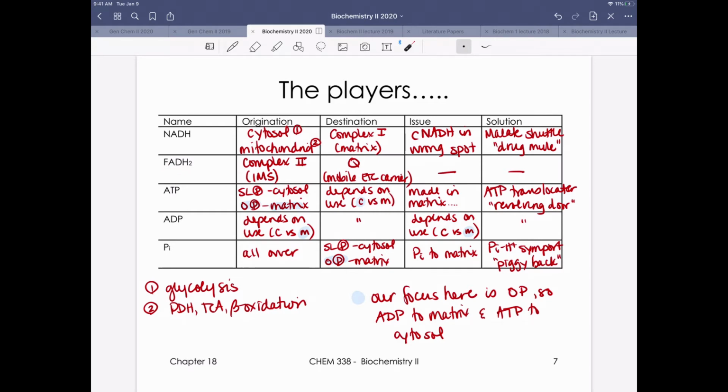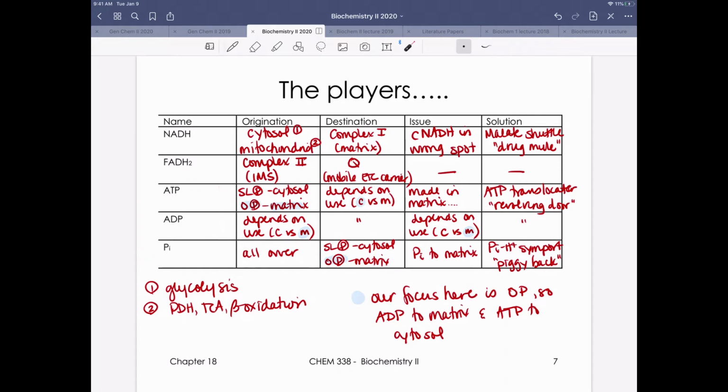So the electrons from FADH2 actually originate within the electron transport chain, which lives in the inner mitochondrial membrane. Those electrons get delivered to Q, which is a mobile electron carrier. So there's really not an issue or complication that we need a solution for with the electrons that come from FADH2.